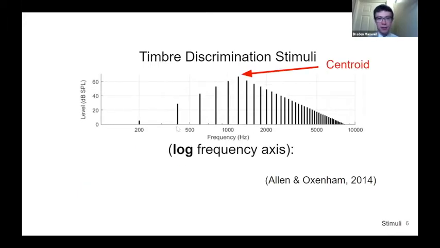Here I've shown the same stimulus on a log frequency axis, so that you can more clearly see the single spectral peak in this stimulus. And I'm going to refer to this, following Allen and Oxenham, as the spectral centroid of the stimulus, although obviously the exact value of that would vary depending on the method used to calculate the centroid.